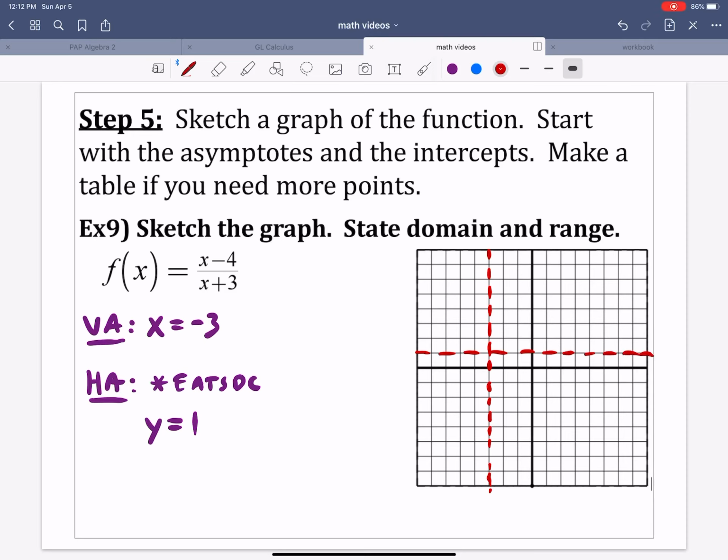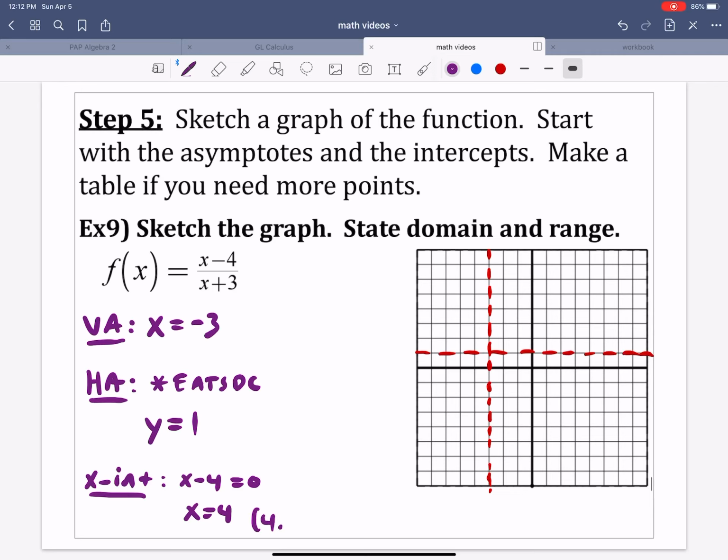Now the next thing that I'm going to want to do is find my x-intercept. Now for my x-intercept, remember, what we can do is we can set the numerator equal to 0 and solve. So when I do that, x minus 4 equals 0, I get x equals 4, and I'm going to write that as the coordinate of a point.